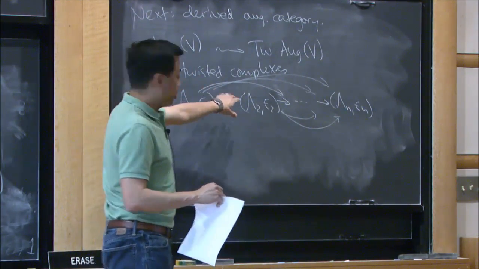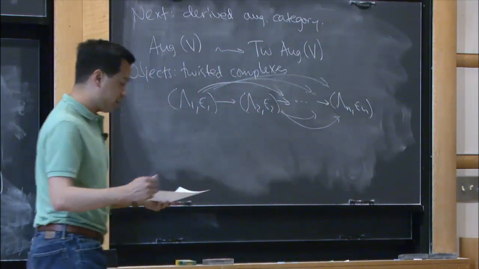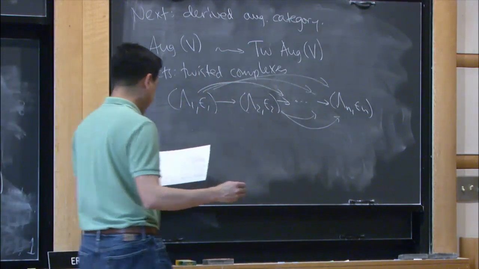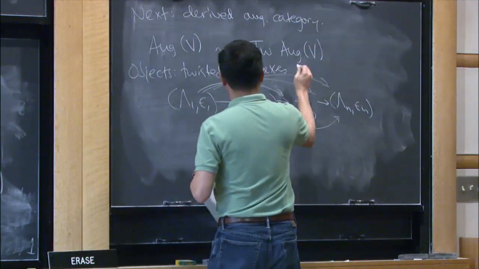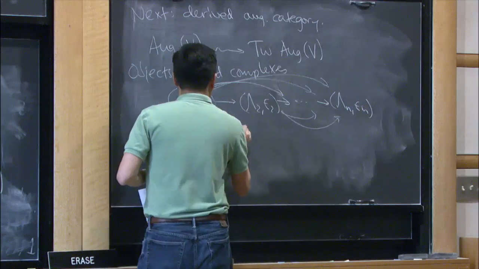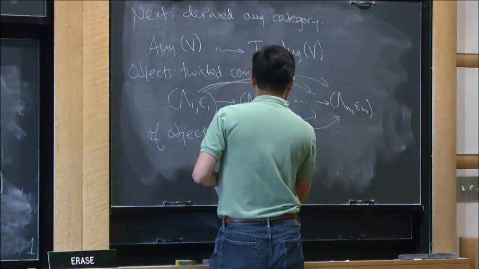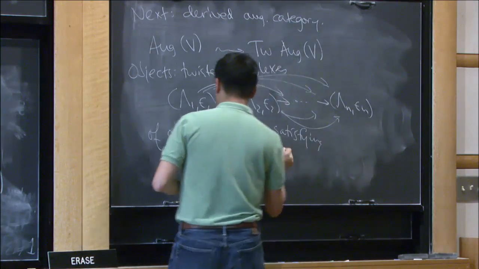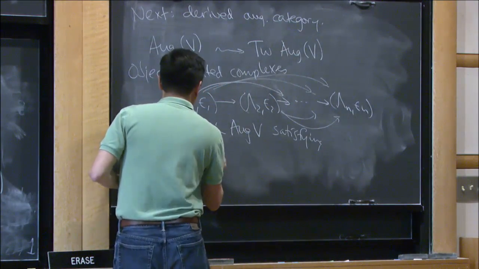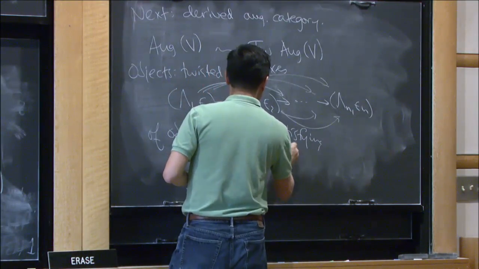Okay, so you have an element of hom, which you can think of as just a map of each of these things. So twisted complexes of objects in aug v, subject to certain compatibility relations, which I don't want to write down, and I actually probably couldn't on the spot.